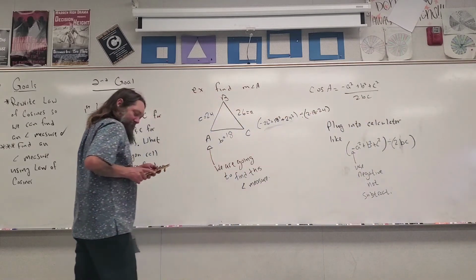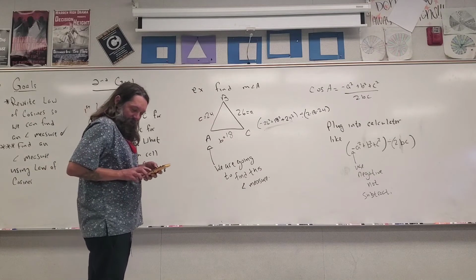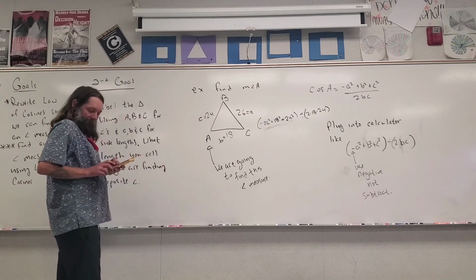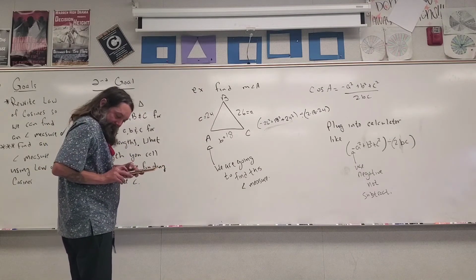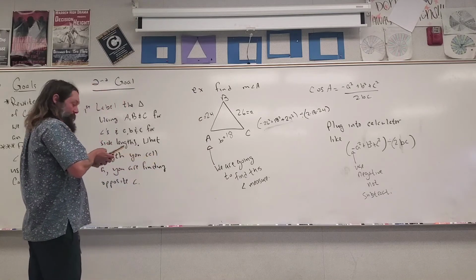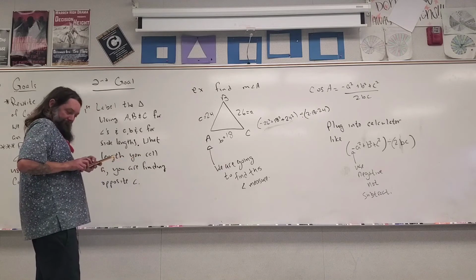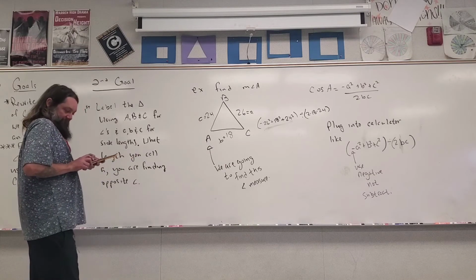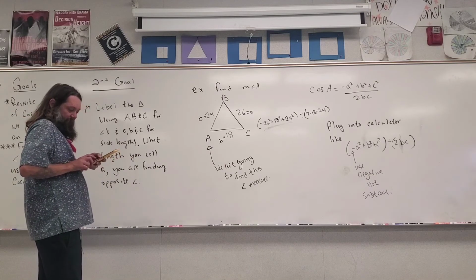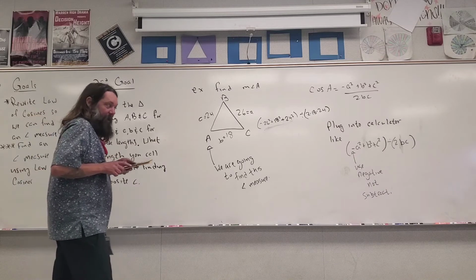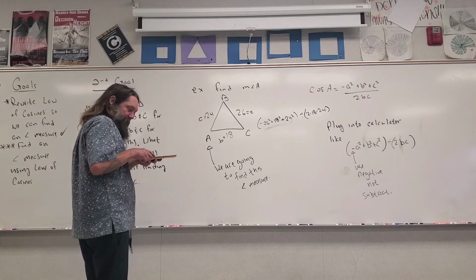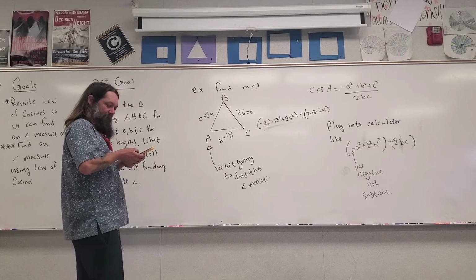All right, so since I have a calculator, I'm going to go second cosine, parentheses, negative 26 squared plus 18 squared plus 24 squared, close that parentheses, divide that by 2 times 18. Oh, I made a mistake.